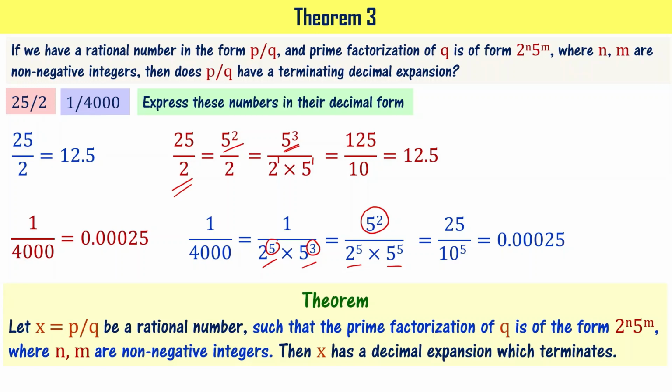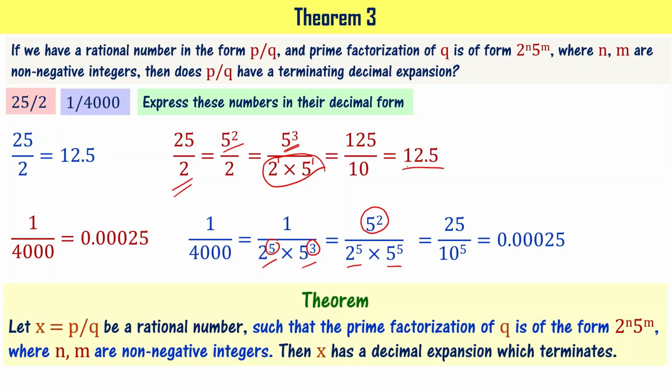The denominator q is prime factored into 2 power n 5 power m form, right? Where n equal to 1 and m equal to 1 in this case. And we have seen that the decimal expansion of this particular number 25 by 2 is terminating, and that is equal to 12.5, right?